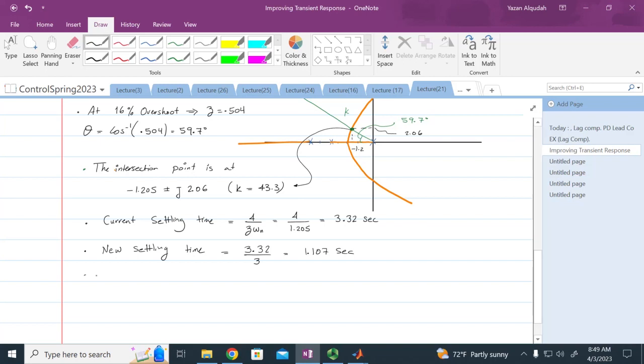From settling time, I know that the settling time is equal to 4 divided by the new zeta omega n, and therefore the new zeta omega n is equal to 4 divided by 1.107, which is equal to 3.63.